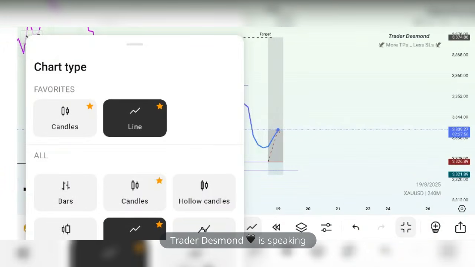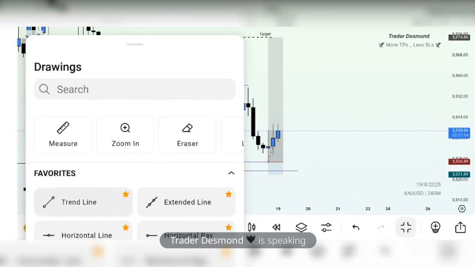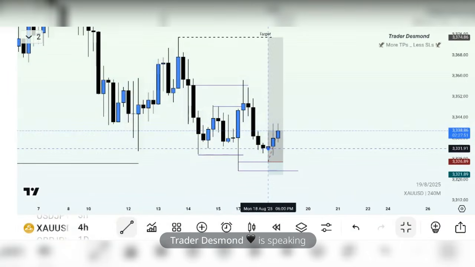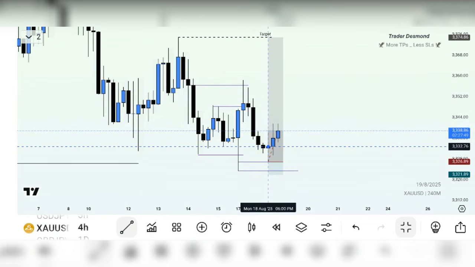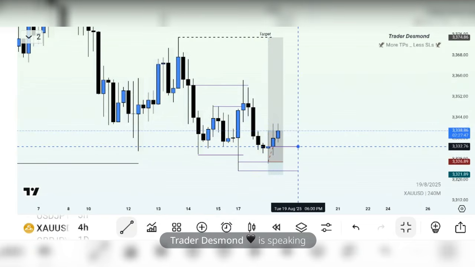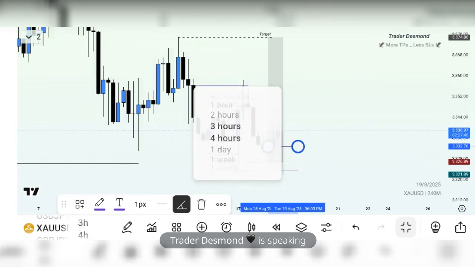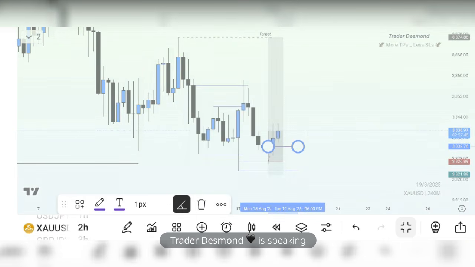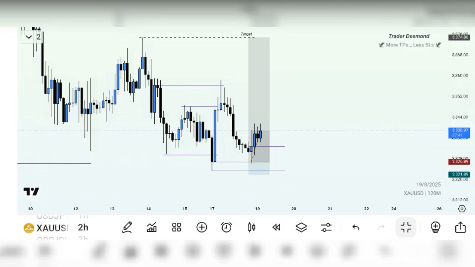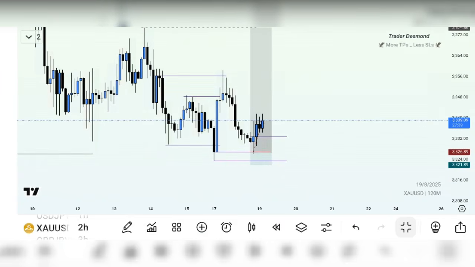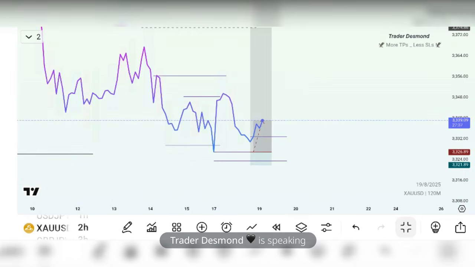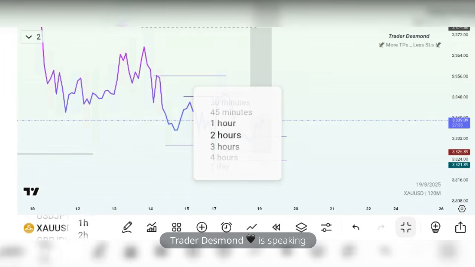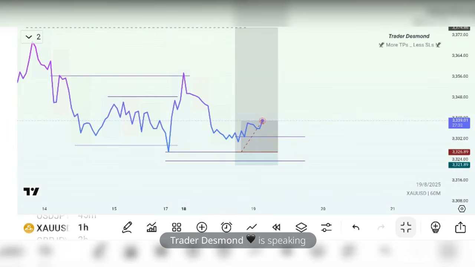Me personally, I'll be looking at this place for now. I'm not yet sure. Let me go to the lower time frame and see some other stuff again. Okay, let's see the line charts, looking if I'll get a breakout.